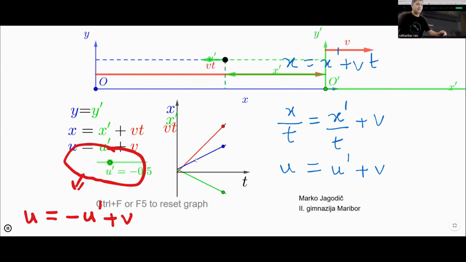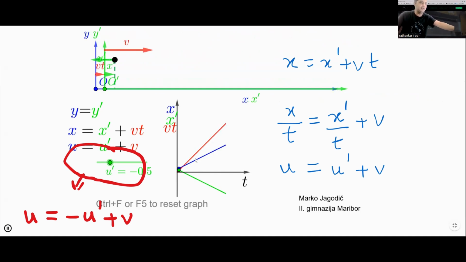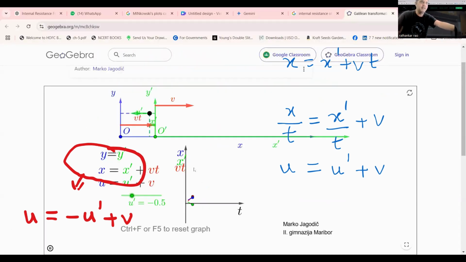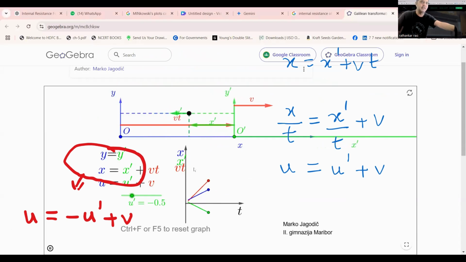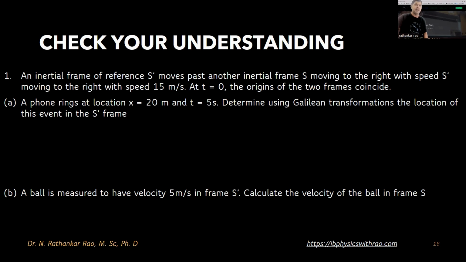Now let me come out of this and share my PPT with you to see how we proceed further. Okay, an inertial frame of reference S dash moves with another inertial frame S, moving to the right at speed v. We are talking about inertial frames moving to the right at speed 15 meters per second.